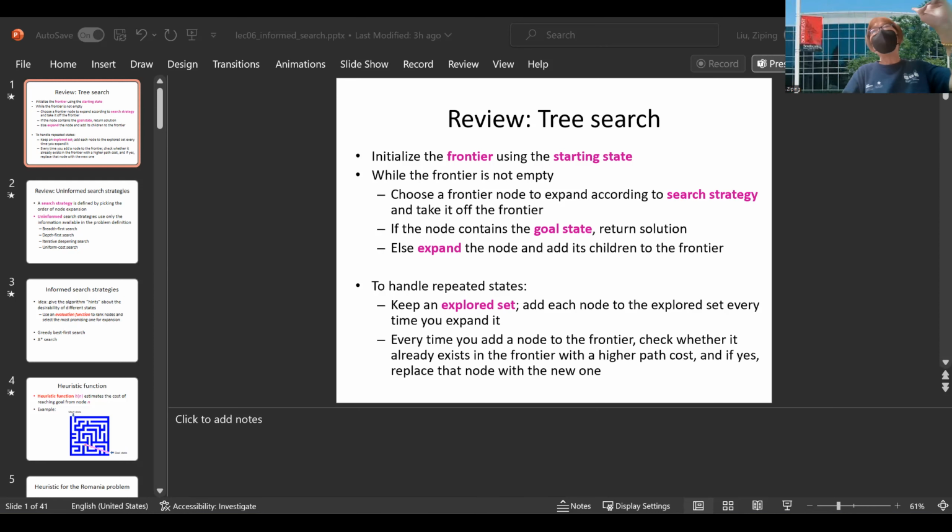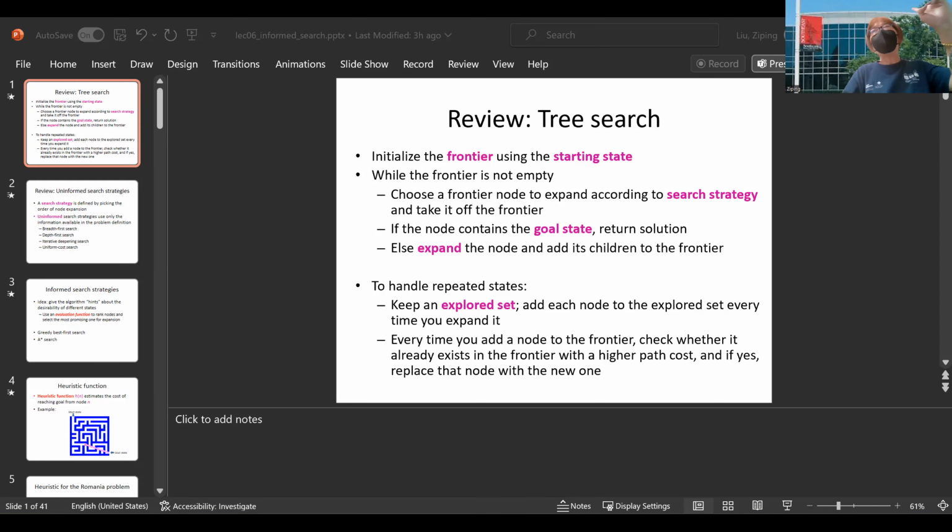And here we will discuss two strategies. The first is greedy best first search. The second one is the A-star search. And in game design, we use A-star search a lot. You may also hear this a lot: heuristic.